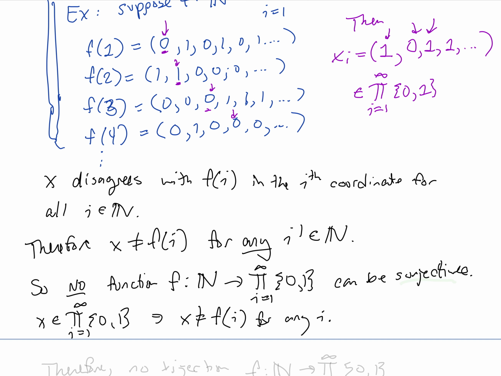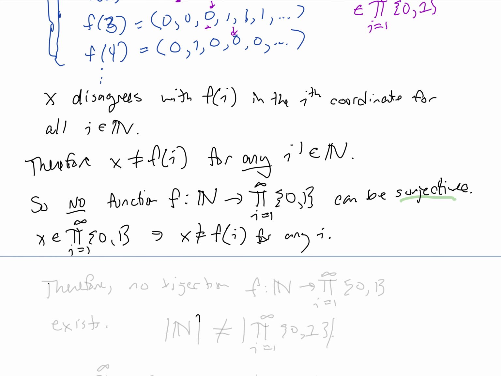So no matter what function we define from the natural numbers to this Cartesian product, it cannot be surjective, therefore no bijection exists.